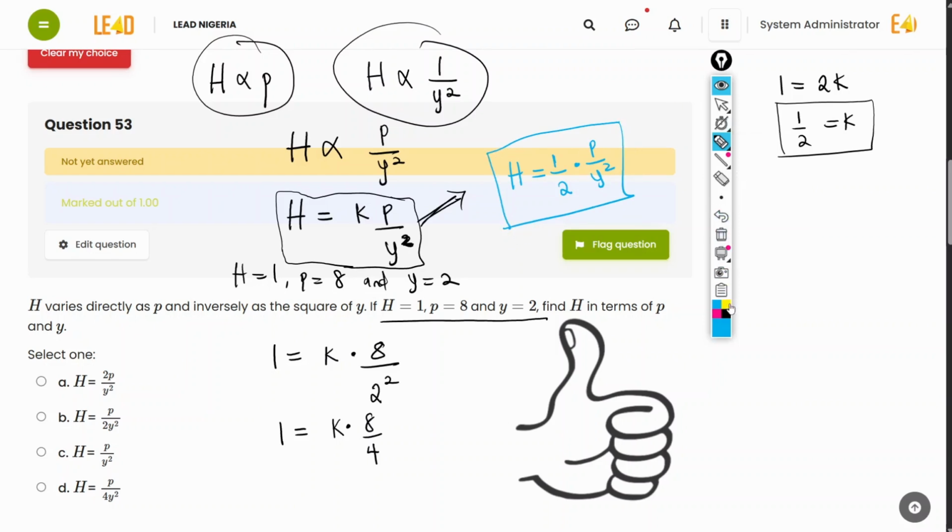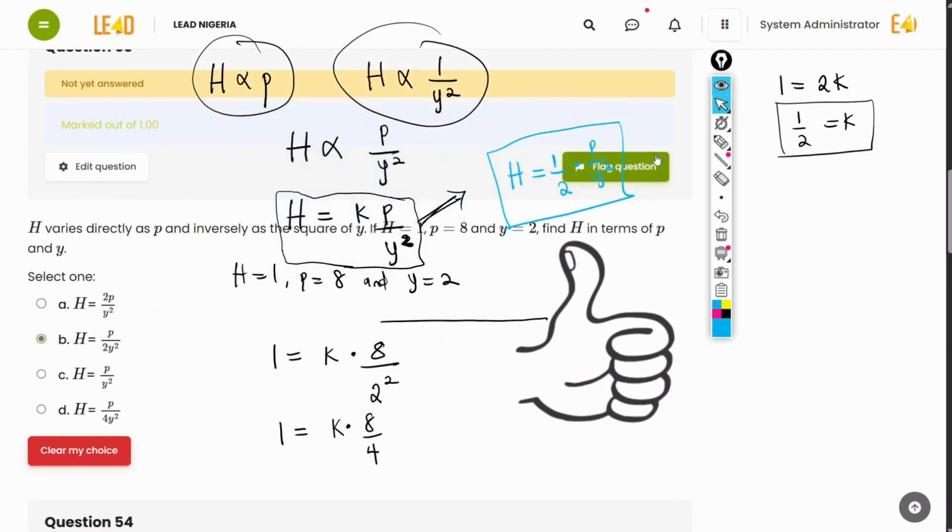So that's the answer, all right? H is equal to half times P over Y squared. Yes, so P over 2Y squared. That's option B.